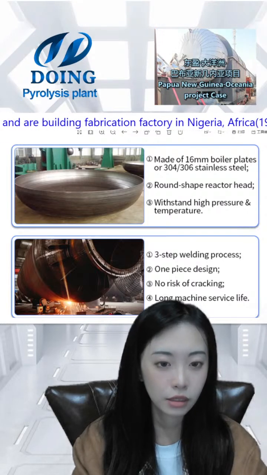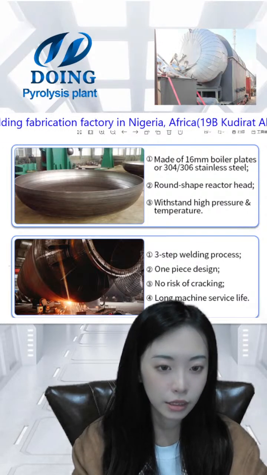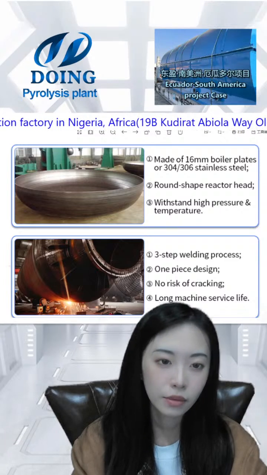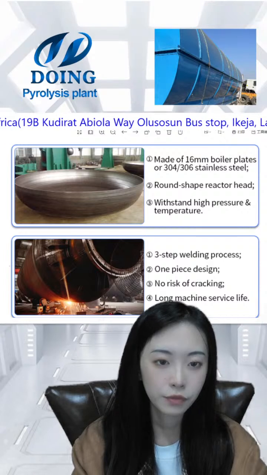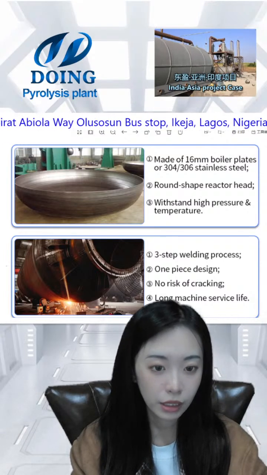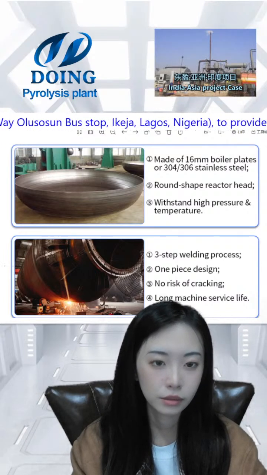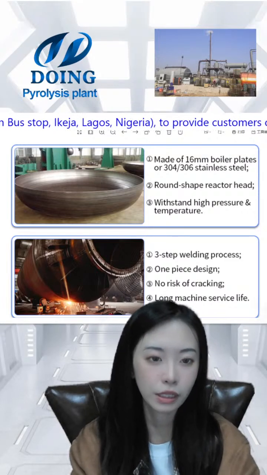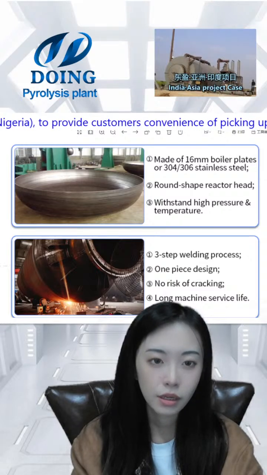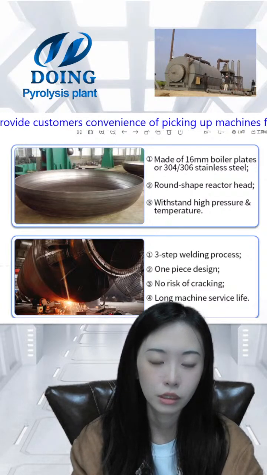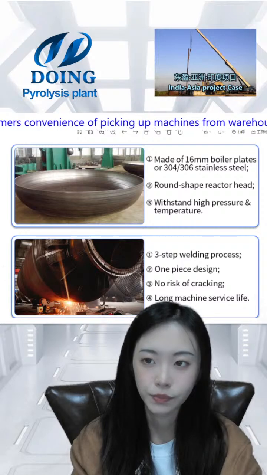Like if you have solid waste, waste tire, waste plastic, then we can use the boiler plates. That is enough. And if you have hazardous waste, like oil sludge, crude oil sludge, they are corrosive. So it's better for you to choose the stainless steel.